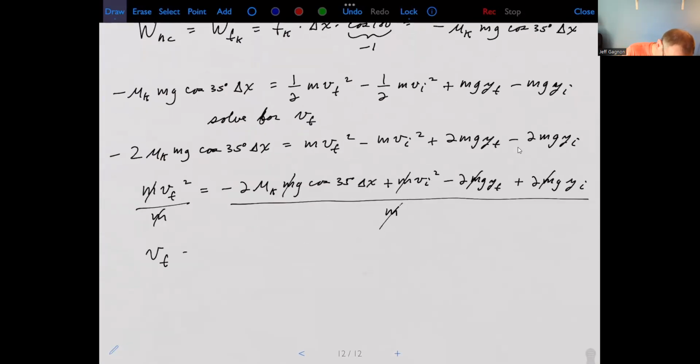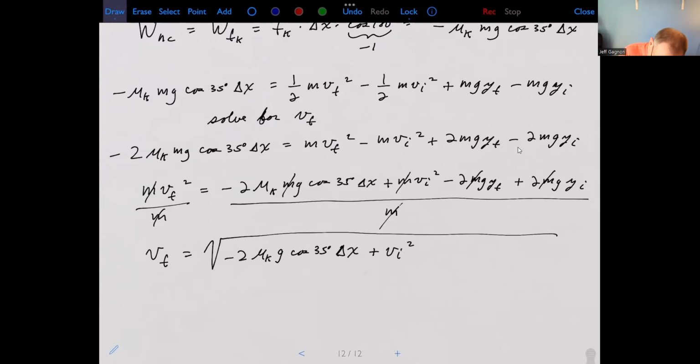So v final is going to be the square root of -2 mu k g cosine of 35 delta x plus v initial squared minus 2g y final plus 2g y initial.